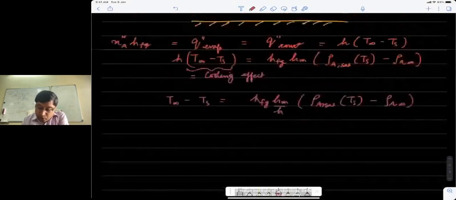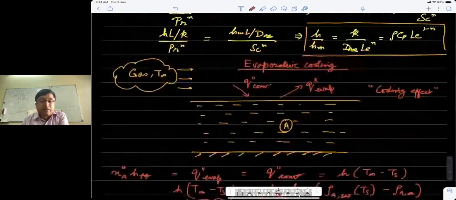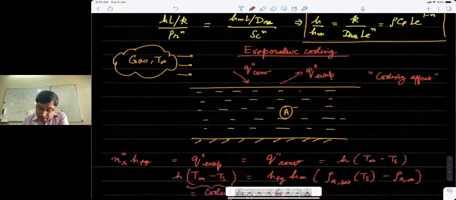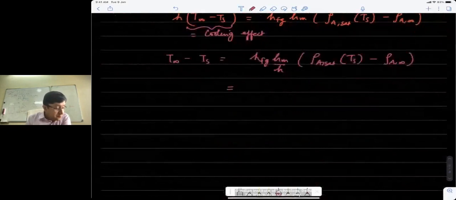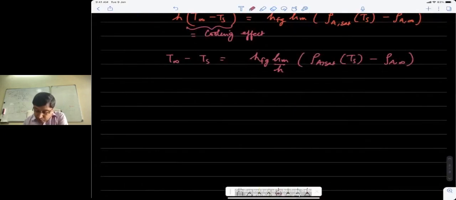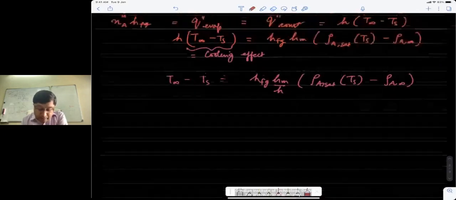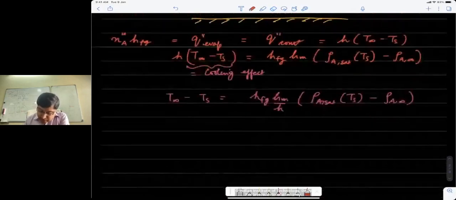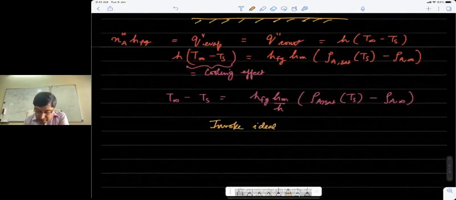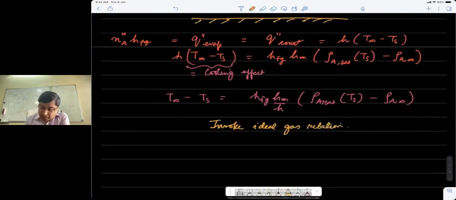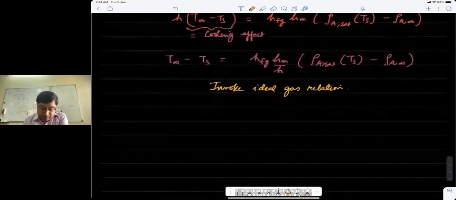Now h by h_m I'm going to use from the heat and mass transfer analogy, in terms of Lewis number. Also, because typically at low pressures all gases behave similar to an ideal gas, I will invoke ideal gas relationships and replace density by pressure.